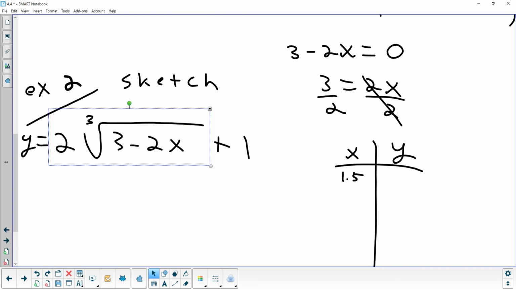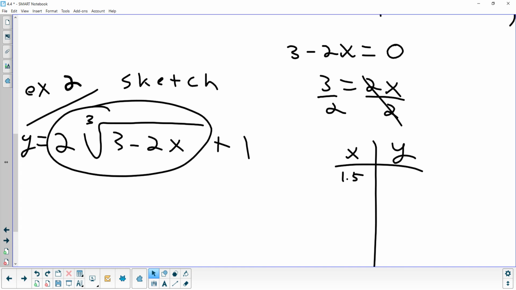And what's the cube root of 0? 0. What's 0 times 2? 0. We should have known that this whole part was going to come out to 0, because that's what we initially picked 1.5 to make happen. This whole part comes out to 0 plus 1, so that is usually your y value. Everything else should come out to 0. All right, so that's 1 point.